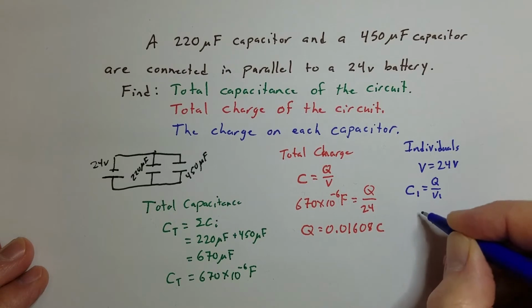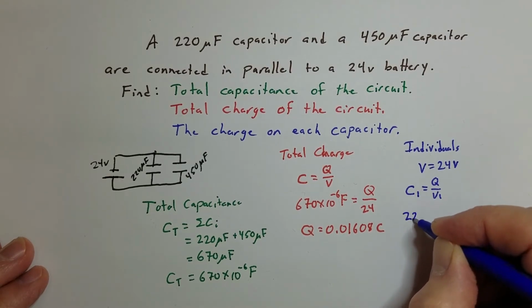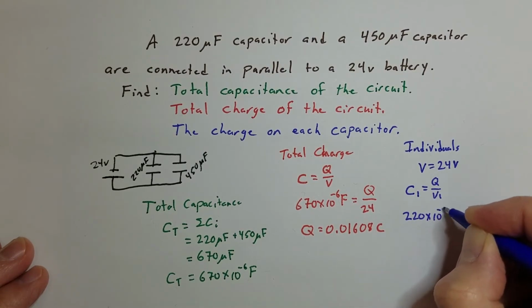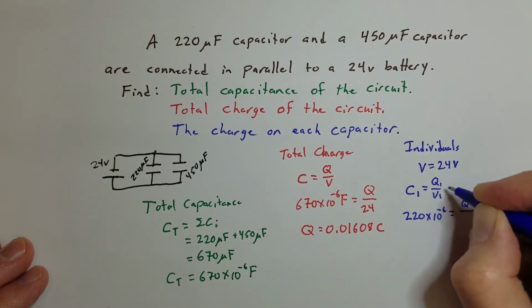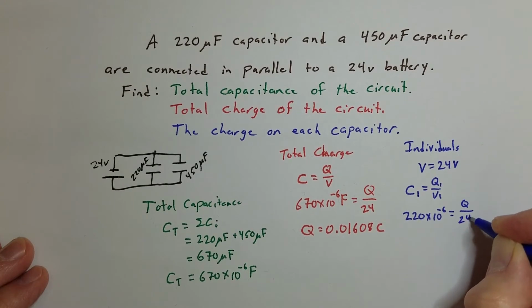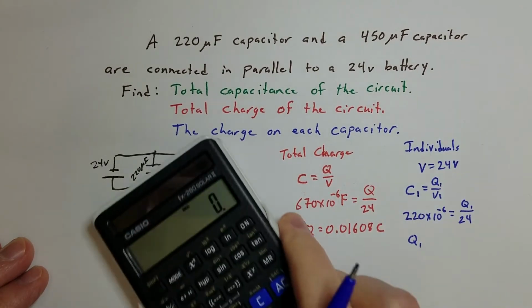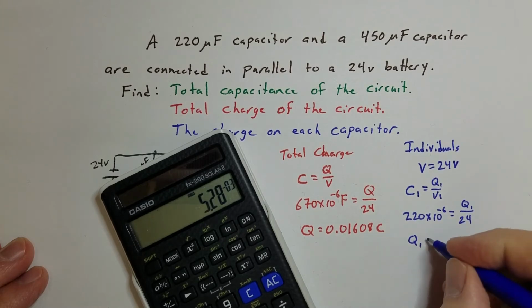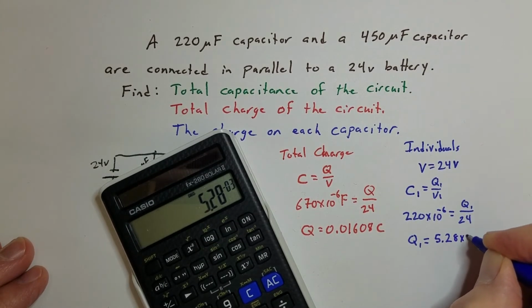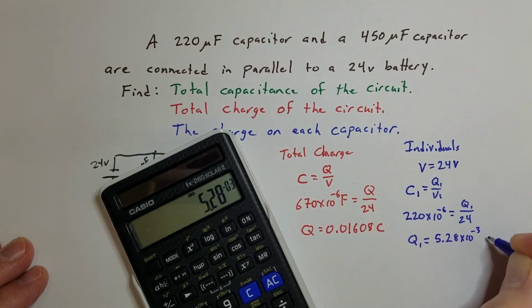Well, the capacitance for the first one is 220 times 10 to the minus 6. The charge we don't know, but the voltage is 24 volts. So let's figure out that one. 220 times 10 to the negative 6 times 24 gives me 5.28 times 10 to the minus 3 coulombs. That's for the first one.